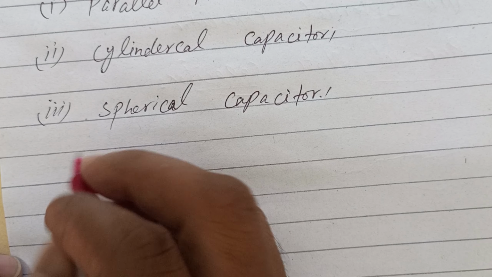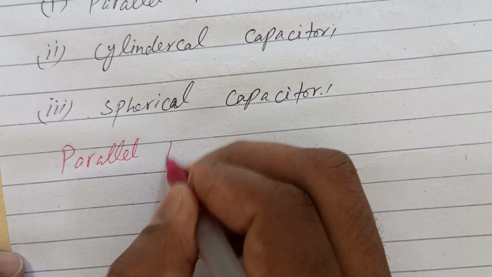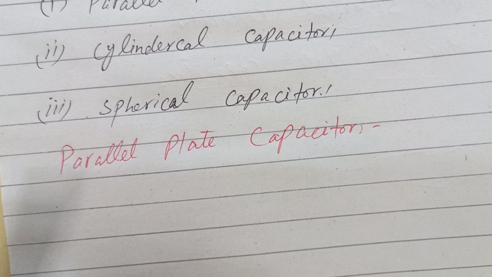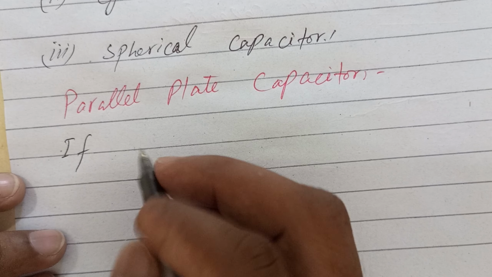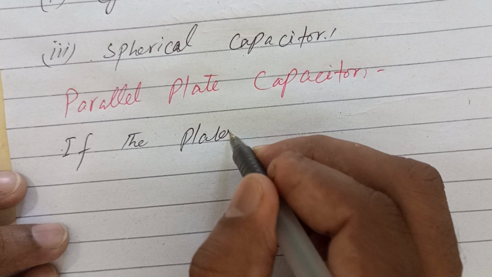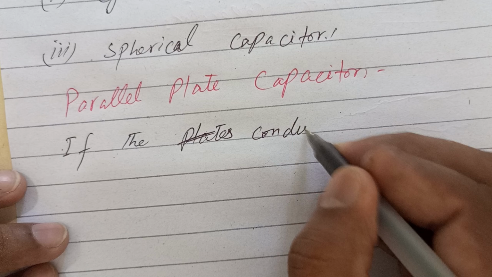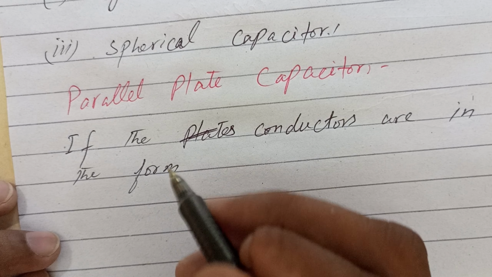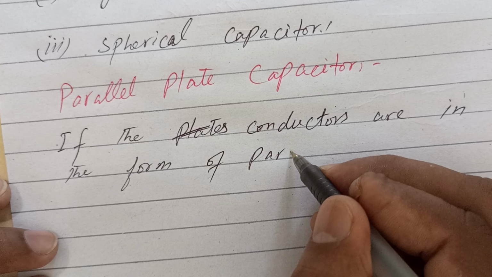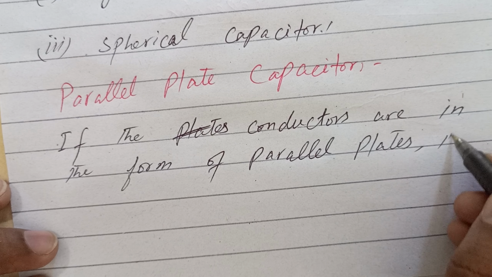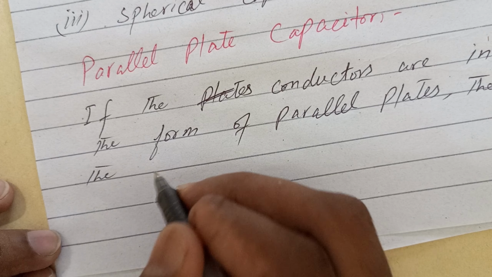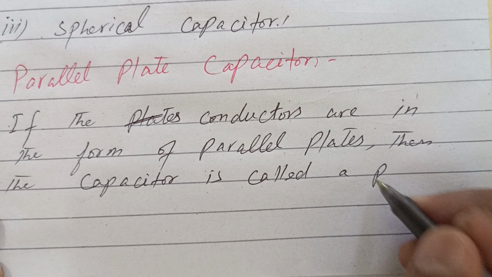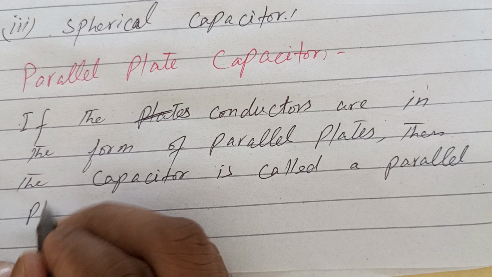Presently, I shall discuss a parallel plate capacitor. A parallel plate capacitor is defined as: if the conductors are in the form of parallel plates, then the capacitor is called a parallel plate capacitor.